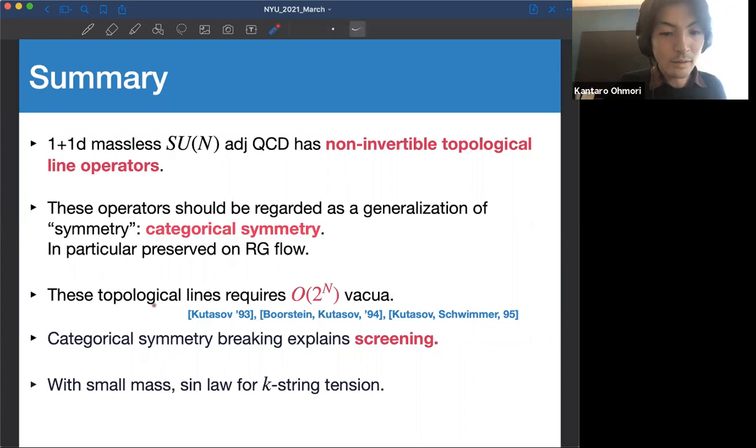Following this paradigm, and by studying these topological lines, we could argue that this system should have exponentially many vacua, and it also explains the screening of the system, and we found the sine law for the tension of the K strings when a small value of mass is turned on.